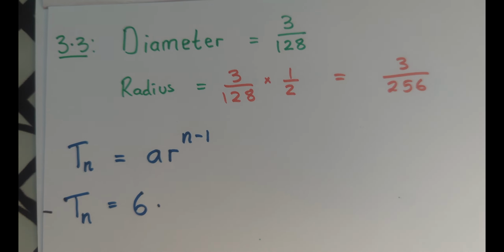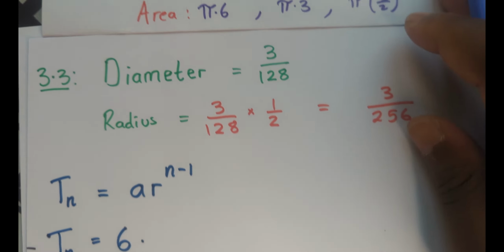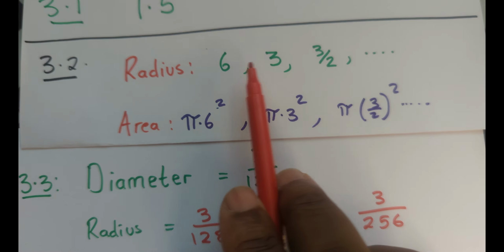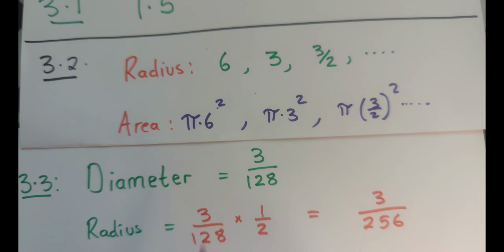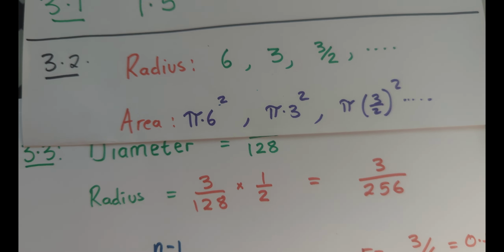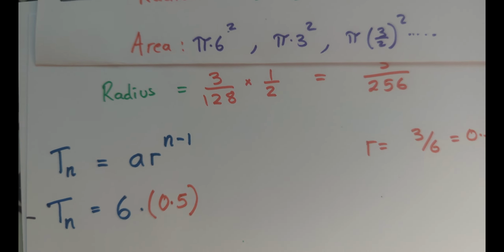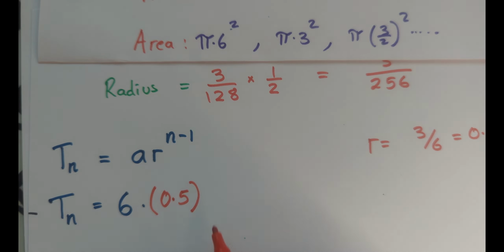And our common ratio r, in this case, since we are using the radius, we have to find the common ratio first, and our common ratio will be 3 divided by 6, which gives you 1 over 2. So our r is 3 over 6, which is 1 over 2, or 0.5. So now let's punch in 0.5 there, and then to the power n minus 1.